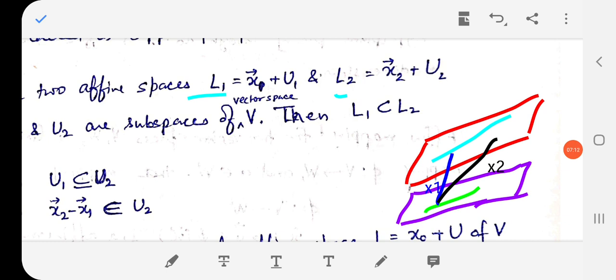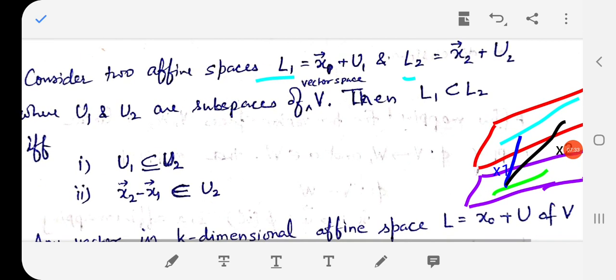If you subtract these two vectors, then the vector has to be an element of the purple surface, the U2 subspace. So that's what we have written here.